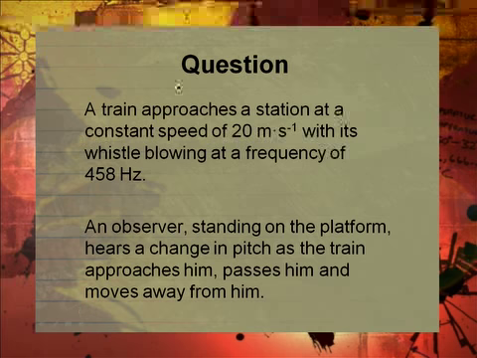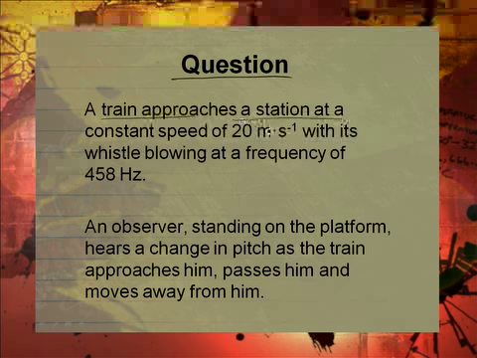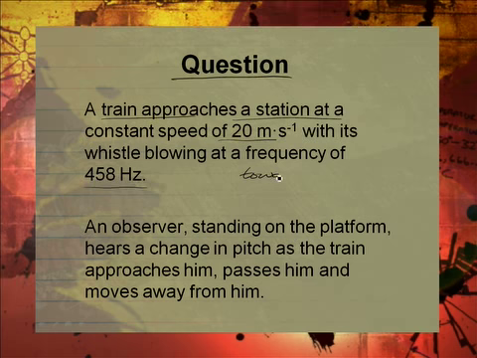And now quickly coming to the Doppler effect. Let's have a look at this question here. A train approaches a station at a constant speed of 20 meters per second with its whistle blowing at a frequency of 458 Hertz. So source moving towards listener here. Okay, so we expect the frequency heard by the listener to be greater than the frequency of the source.